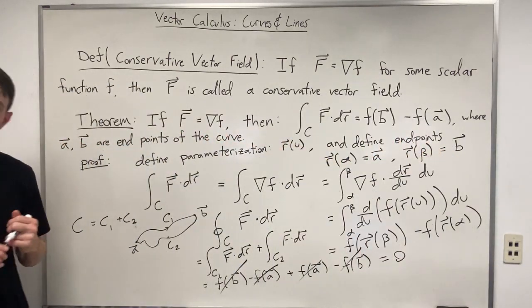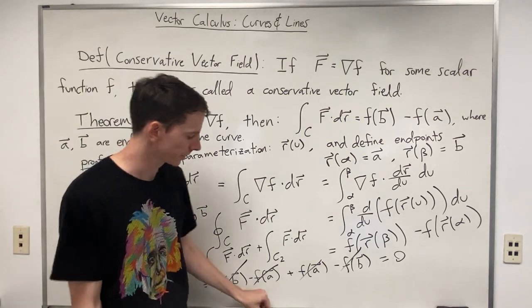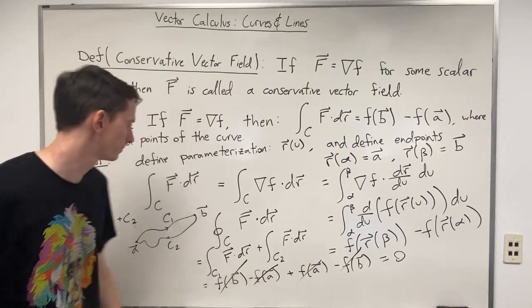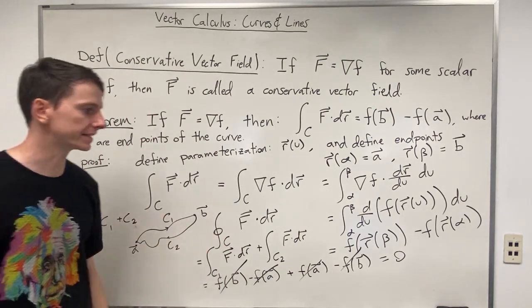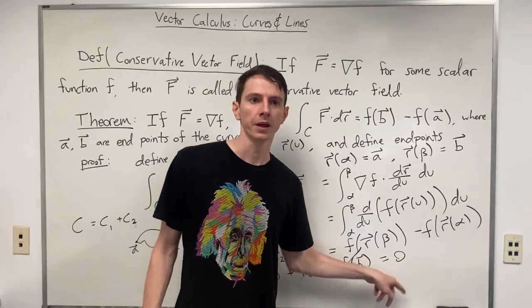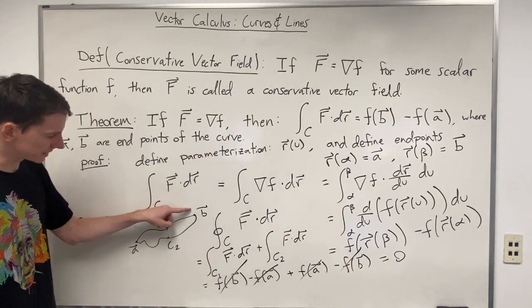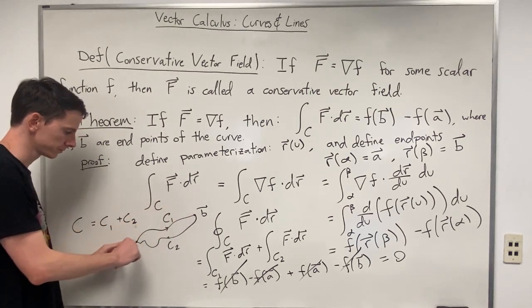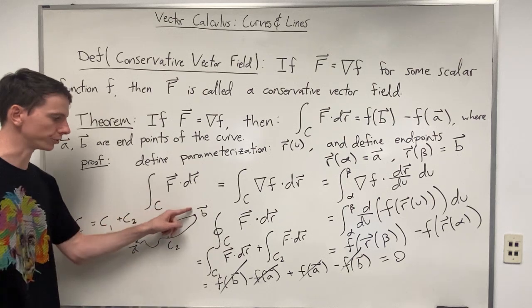So this is another really convenient property of conservative vector fields. If you were to integrate a conservative vector field along a closed loop C, then you're guaranteed to get 0 as the output. And hopefully that makes sense, right? If you're integrating along C1, you're going to get some value, but as long as you know the starting and ending point, you're going to get the same value no matter what.